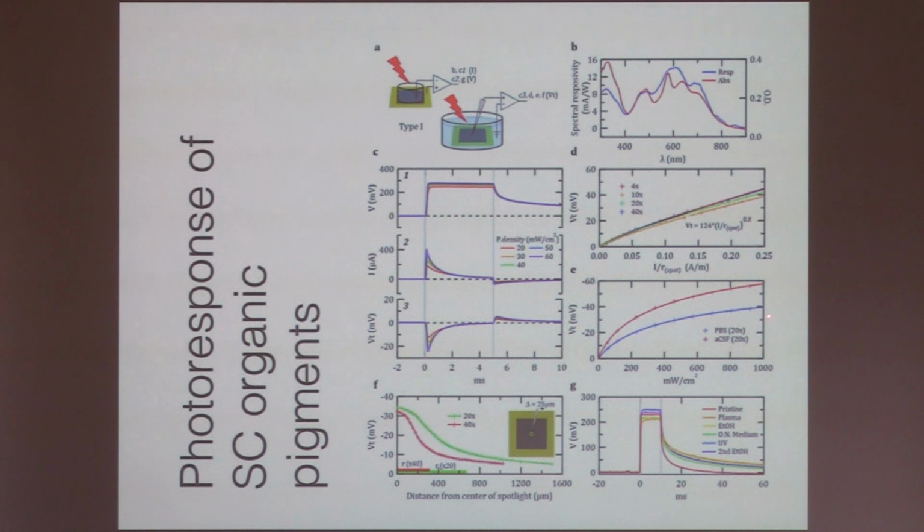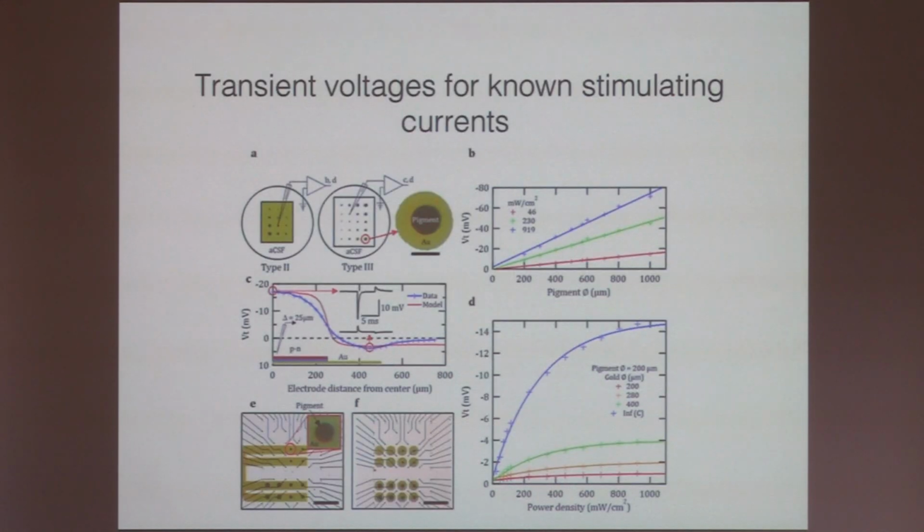So of course it goes up with light intensity. But it also depends on the solution, because again, the solution is the upper electrode. So PBS is the conventional solution used in these applications, but ACSF models the conditions in the eye much better, and as you can see, that by itself has an effect.